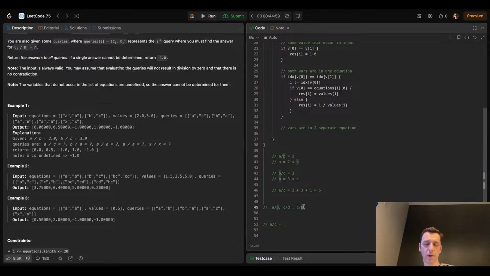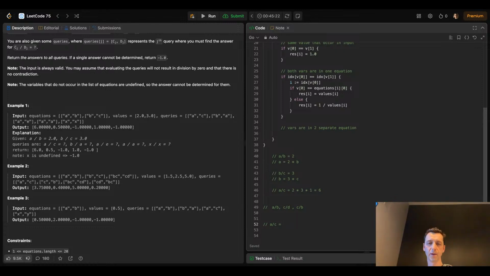Well, you know that B is C divided by value, yeah, so by its value.